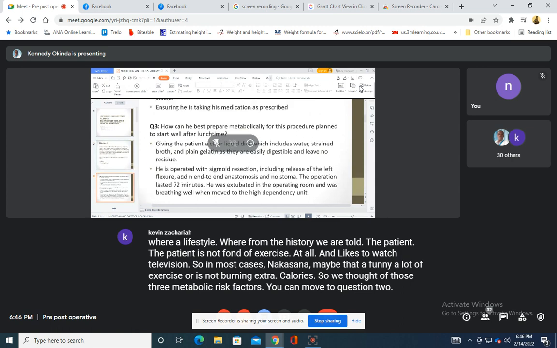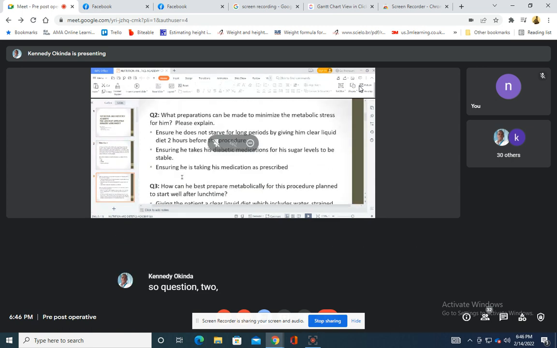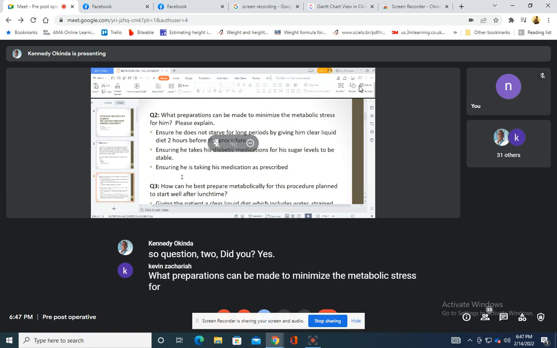So question 2: what preparations can be made to minimize the metabolic stress for him? Please explain.